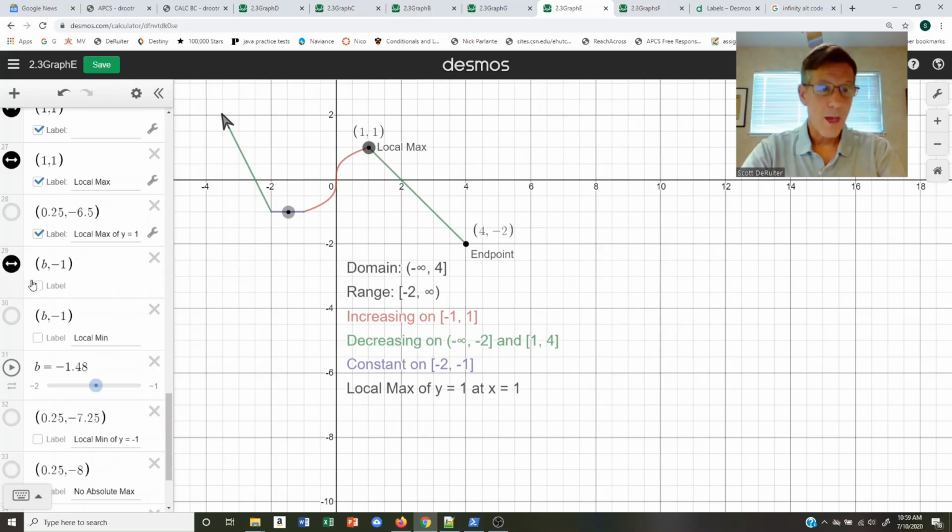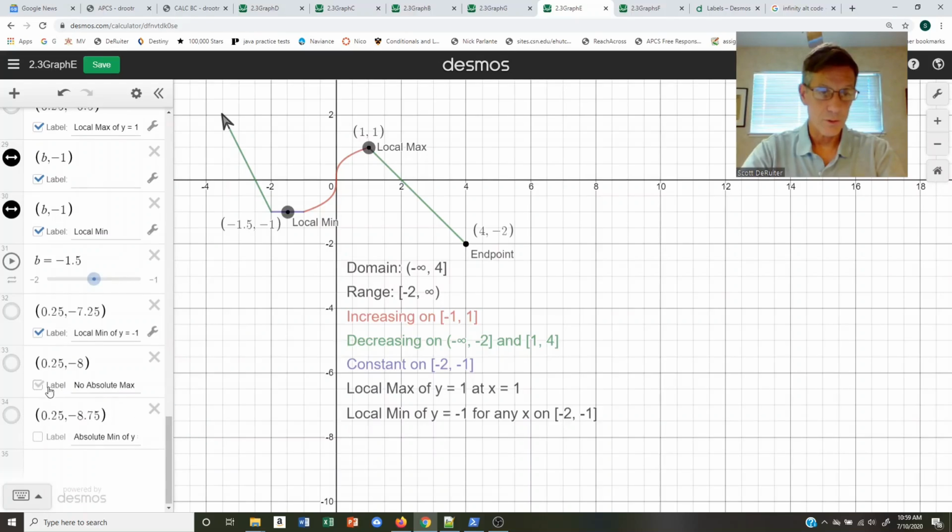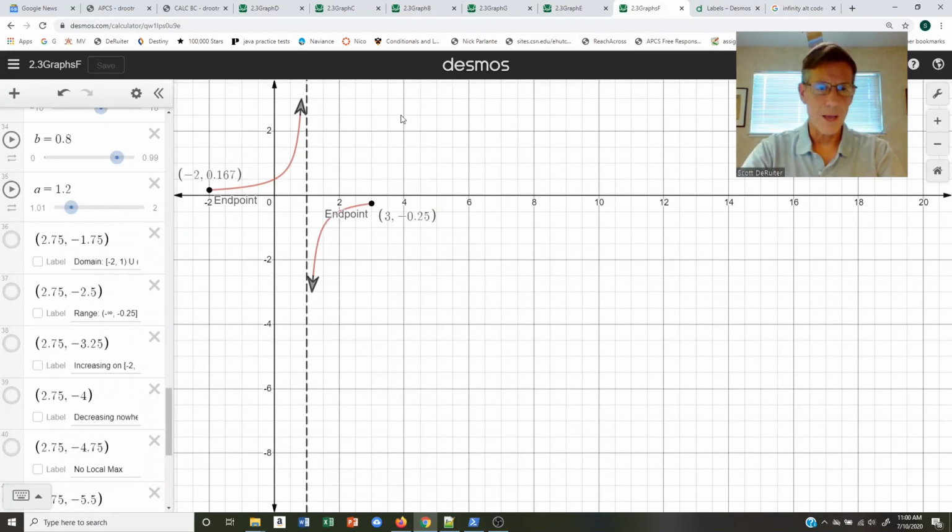And then where we have a local min, it's a little bit more interesting. Again, because we have that little plateau, the min is a y value, but it's on a range of x values. And from that, we look for our extreme values. There's no absolute max because of that arrow, but there is an absolute min.